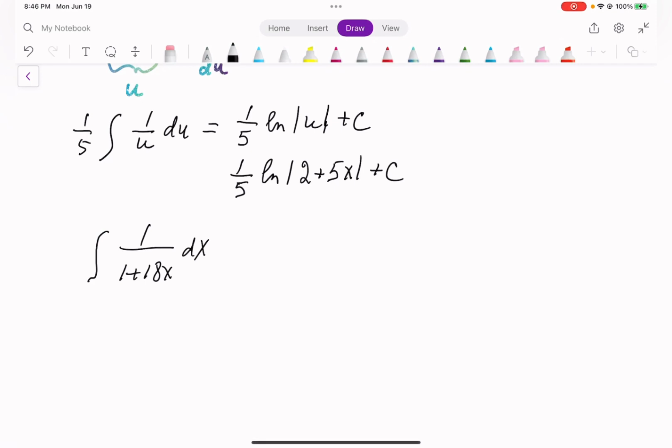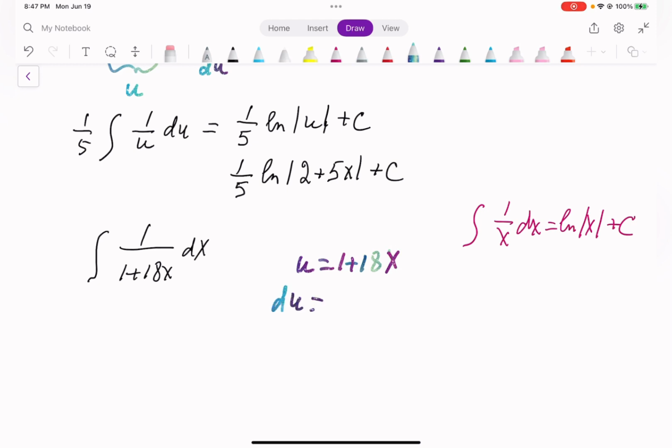All right, so just refresh your memory one more time. Integral 1 over x dx is equal to natural logarithm x plus c. So let's substitute here. u is equal to 1 plus 18x. Okay, and du is going to be 18, because the derivative of 1 is 0, the derivative of 18x is 18, and the derivative of x.